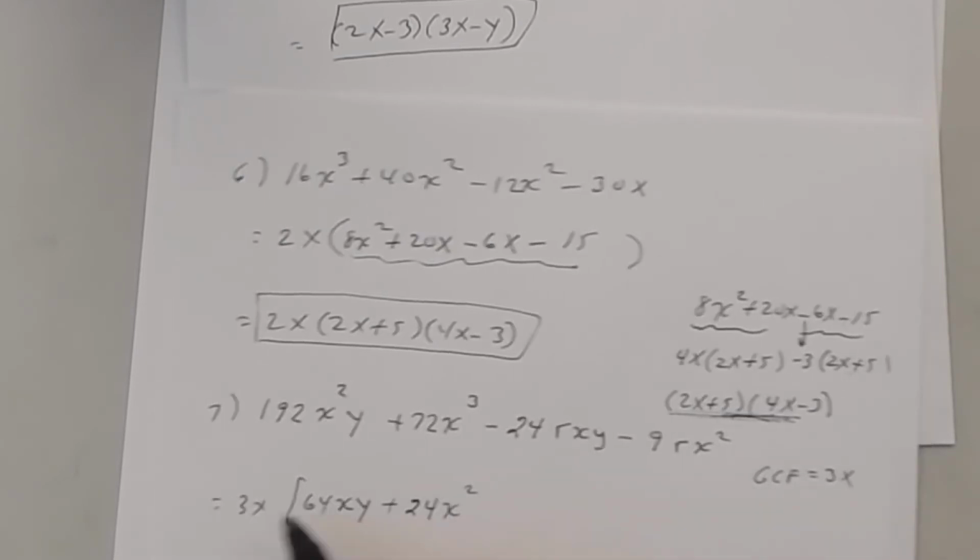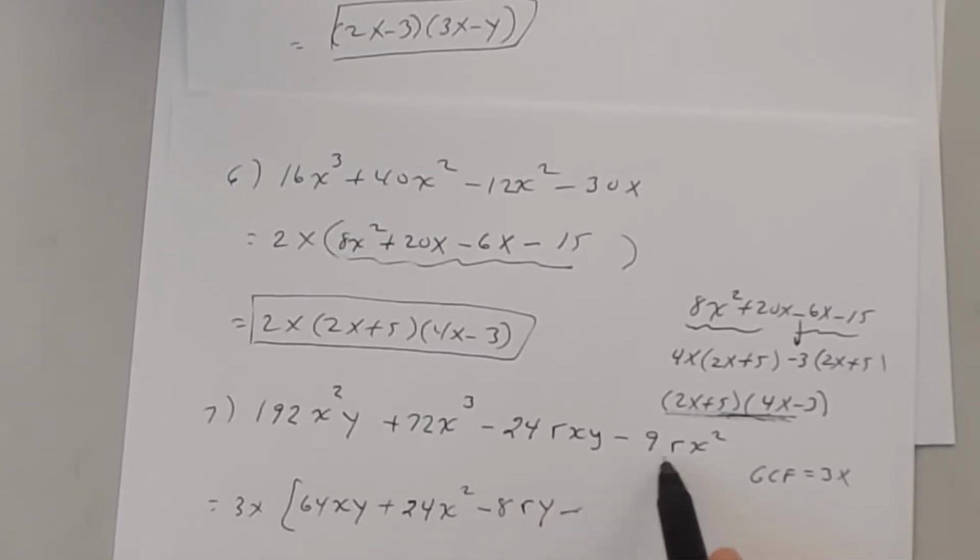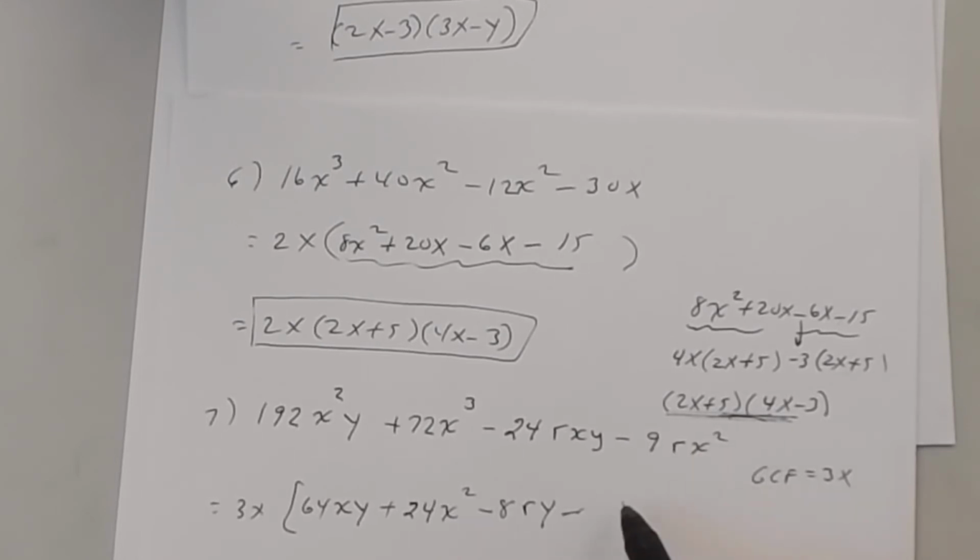Okay. 3 times what's 24? Yes, it would be minus 8. All right, factor out the x, so what's left though? ry, good. Minus 3x times what's 9r x squared? 3rx. Y'all agree? All right.